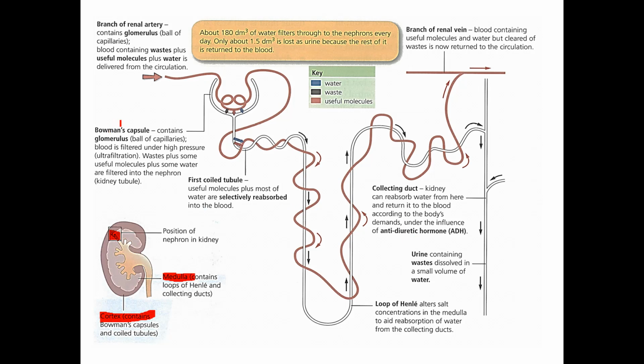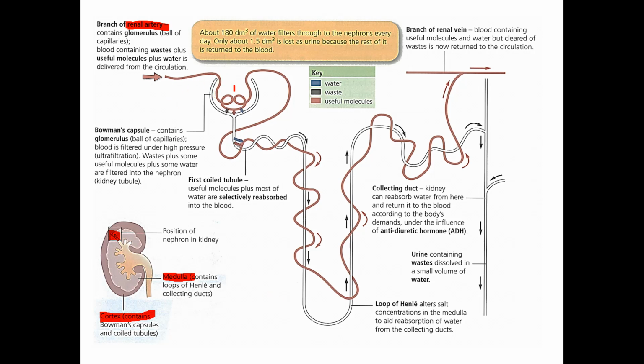Now, how will the process happen? The kidneys get blood through what? Through the renal artery, which provides the kidney with blood. Blood is moving through the renal artery and goes inside the nephron.